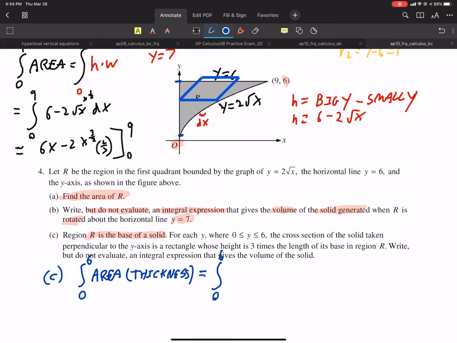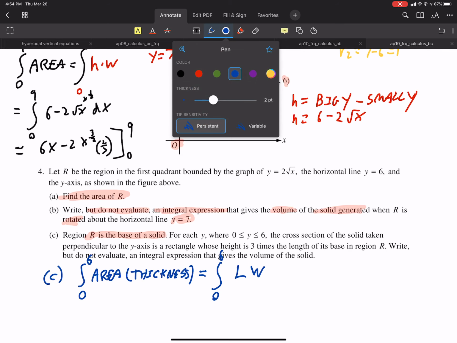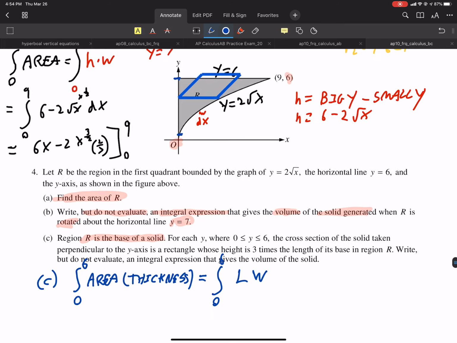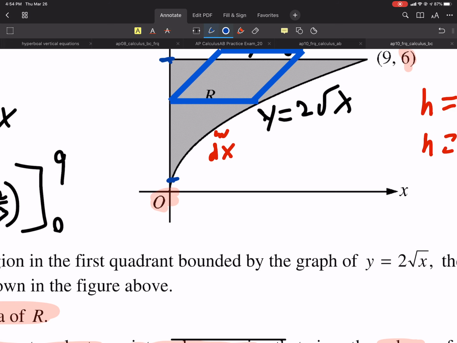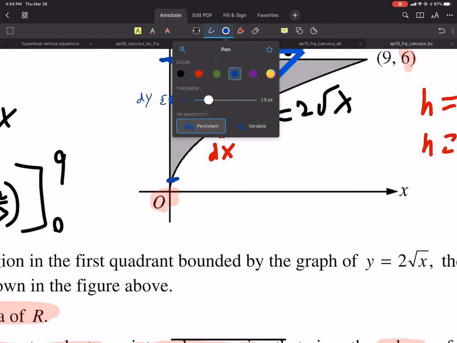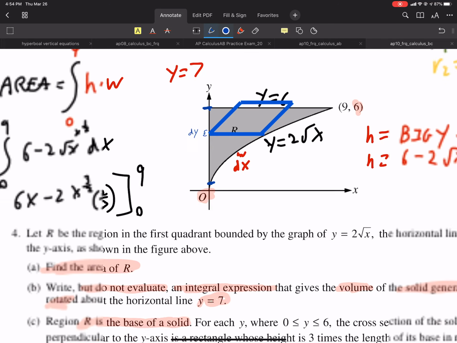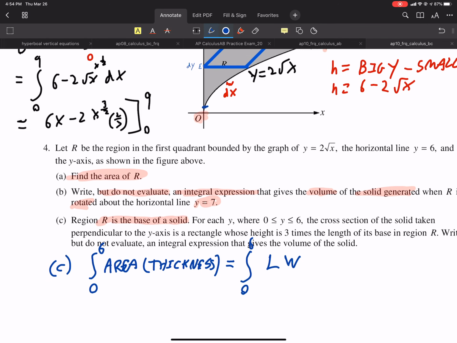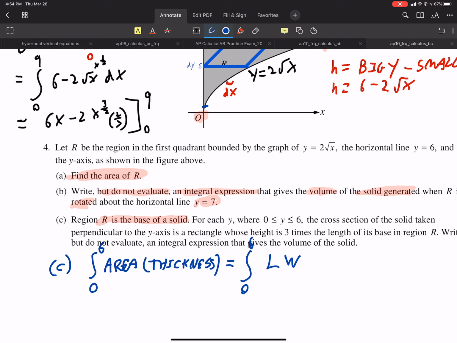So the area of a rectangle, I'm going to call it length times width. And the thickness of this slice is going to be a change in y. So that's going to be dy.